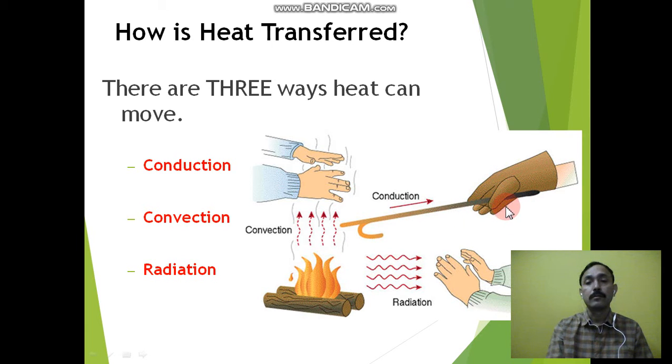The molecules are not moving, but the heat is transmitted through the molecules. Now, what is convection? The air that is close to this burning object becomes hot and moves upward, and the cool air comes down. This is convection, and the heat produced by it we feel from a distance. It is radiation, although we are not in contact with this one. This is radiation.